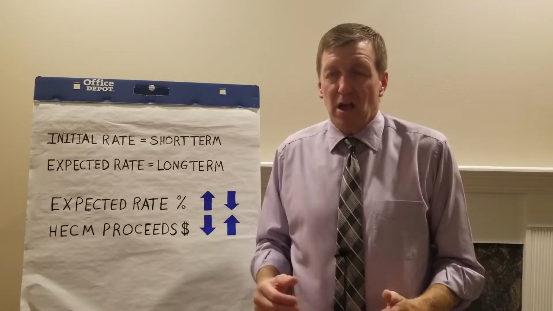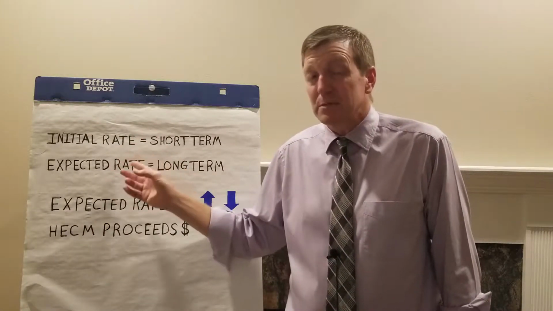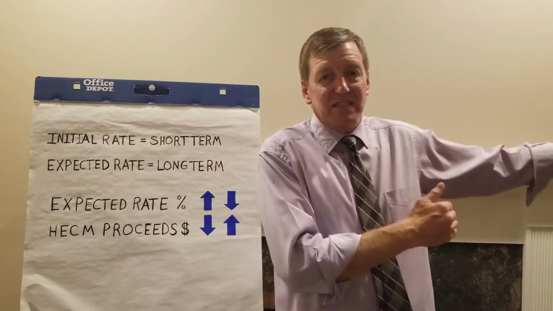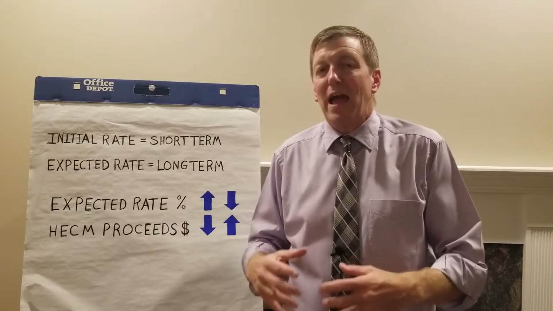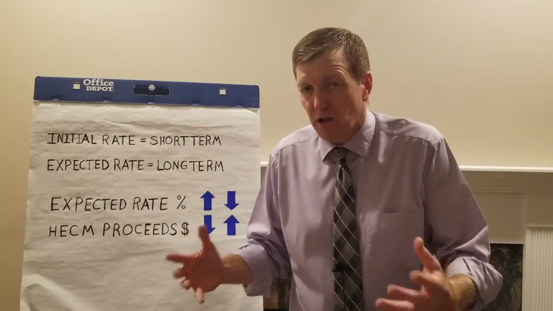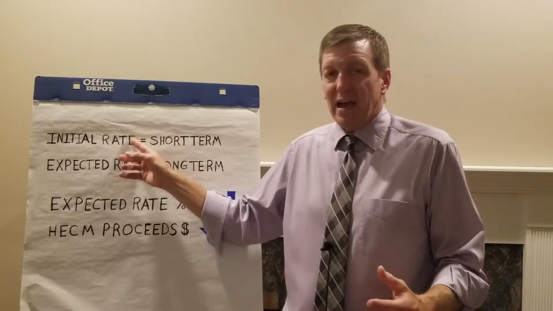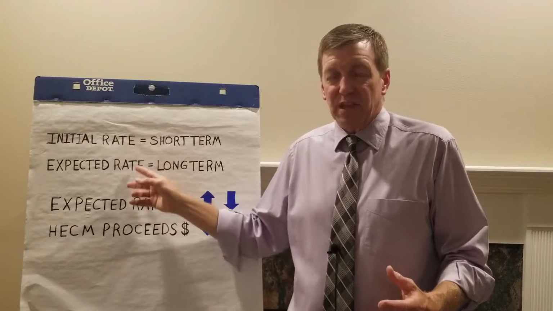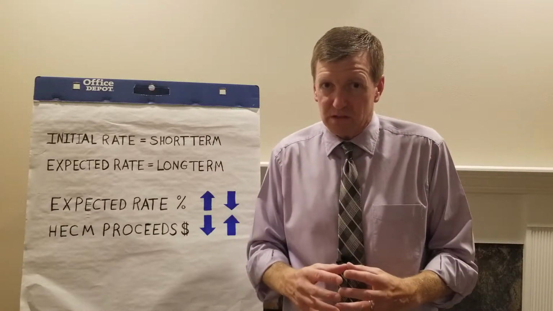We base the amount somebody can receive on the expected rate because that's the long-term rate. The initial rate is the rate that people are actually charged once the loan goes into effect. So this is the rate we look at after the loan closes, and the expected rate is the rate we concern ourselves with before the loan closes.